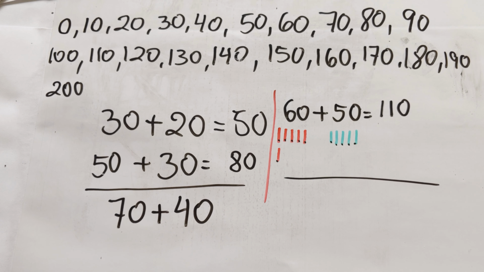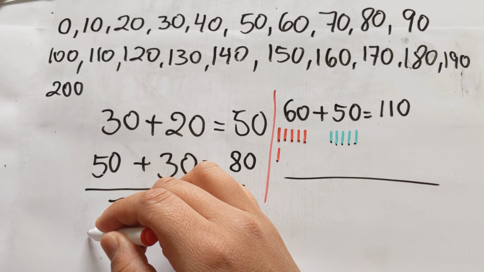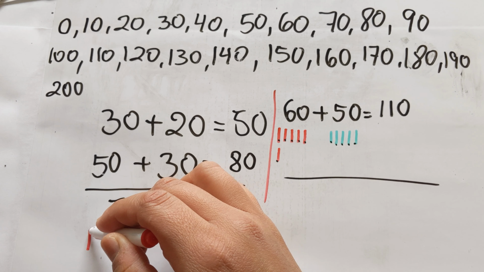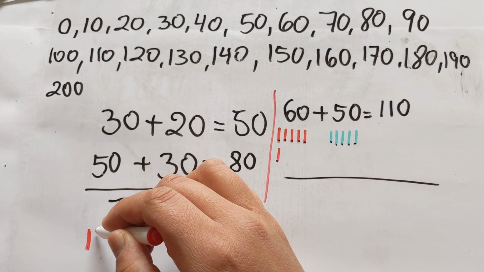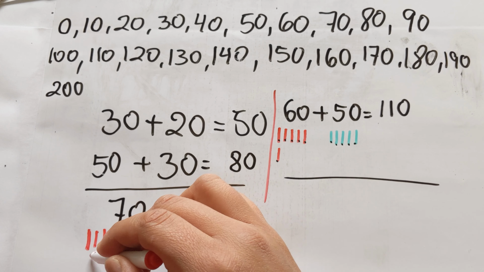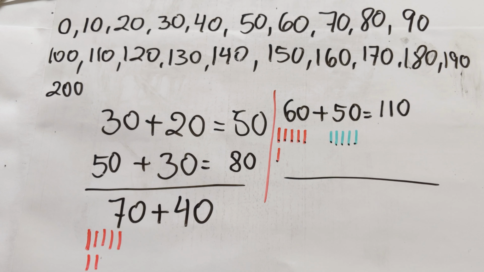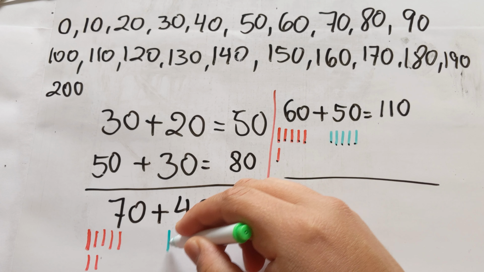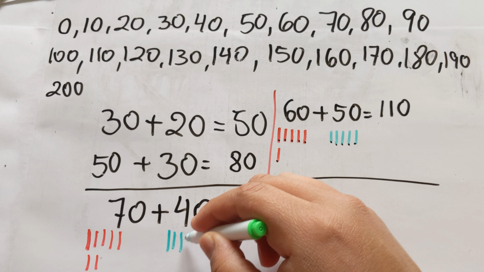So here, 70, I'm counting by tens. 10, 20, 30, 40, 50, 60, 70. I have my 7 tens. Now I'm going to do 40. 10, 20, 30, 40.